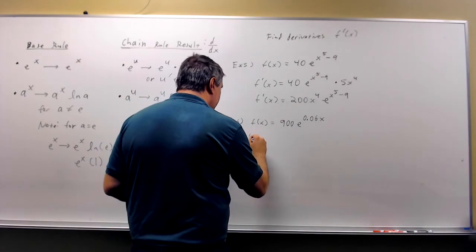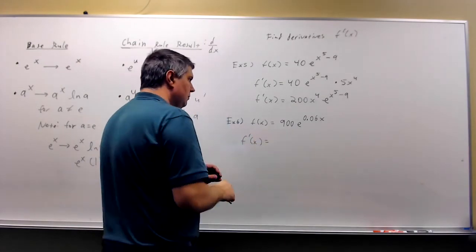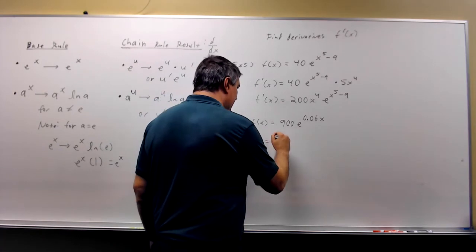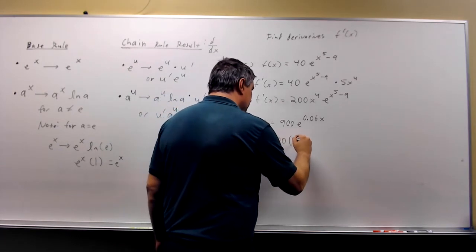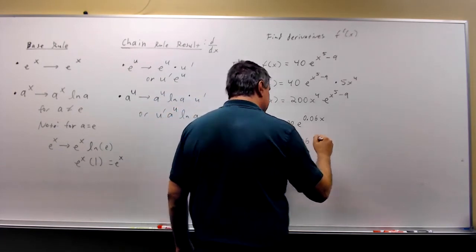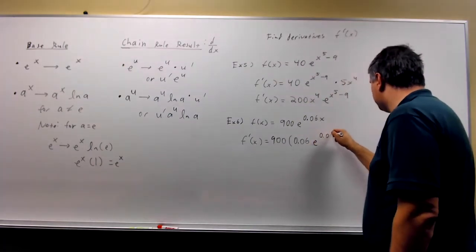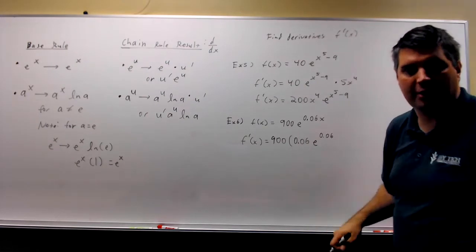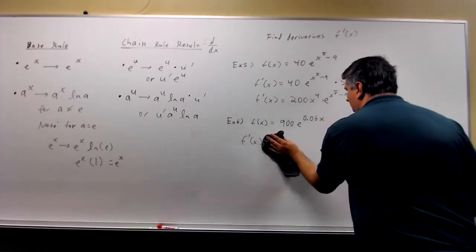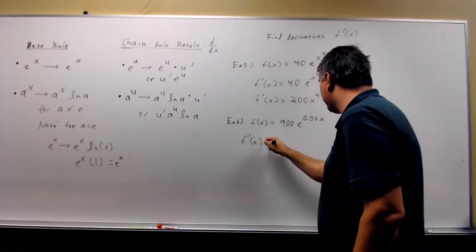f prime of x would equal 900 times 0.06 e to the 0.06. Well, let me do it a different way. I'll follow the chain rule way first.